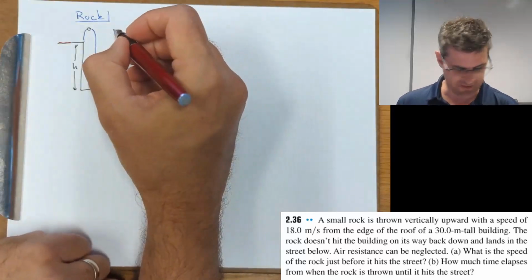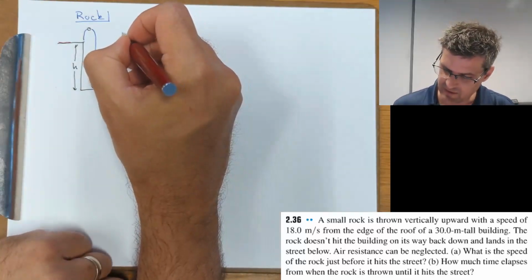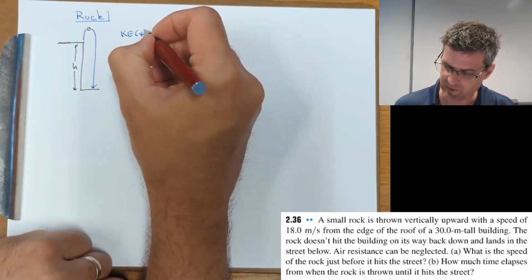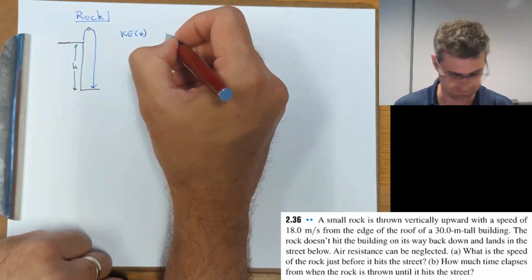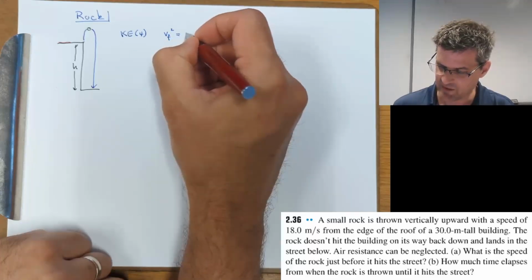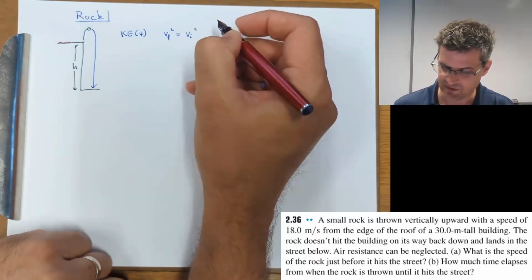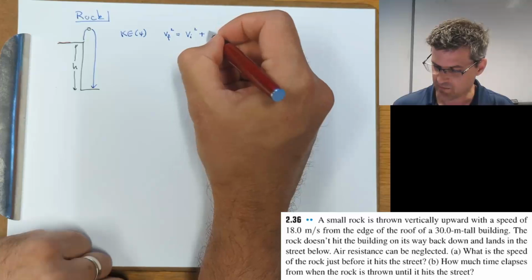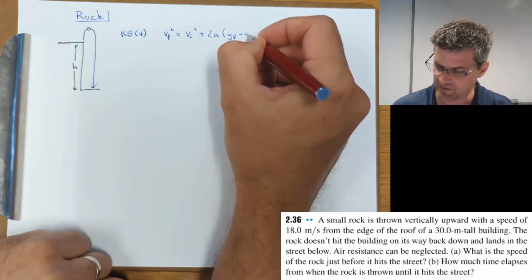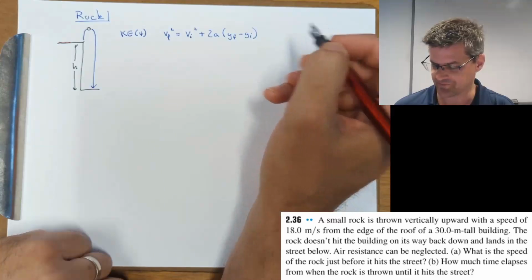So let's try to find, using kinematic equation number 4, what's going on. Now this is v final squared equals v initial squared plus 2a times y final minus y initial.